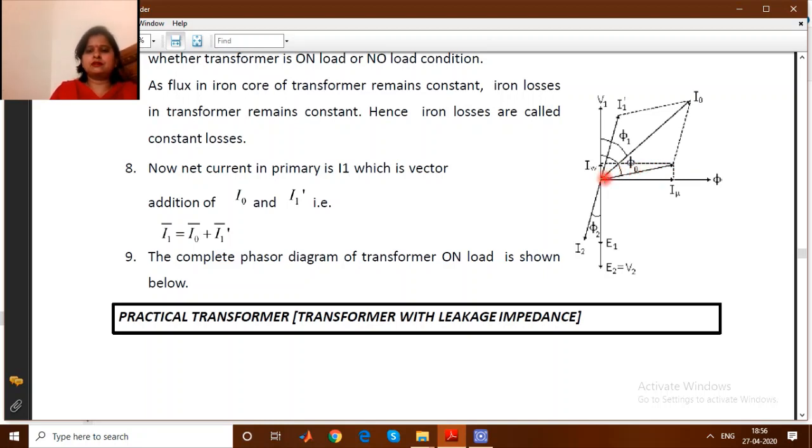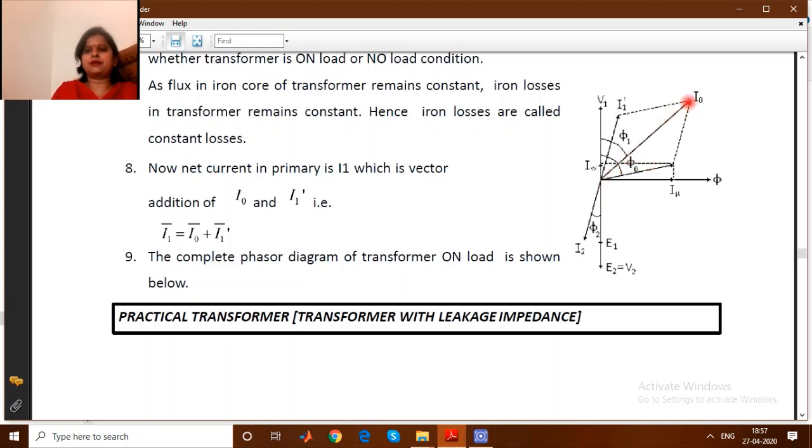Suppose this is a lagging load, RL load. So I2 will lag the voltage V2 by an angle phi 2. So after V2 we will draw I2, and in the phase opposition of I2 there will be I1 dash, as I have discussed that I1 dash will be in phase opposition of I2, and the resultant of this I1 dash and this I0 will be equal to I1.